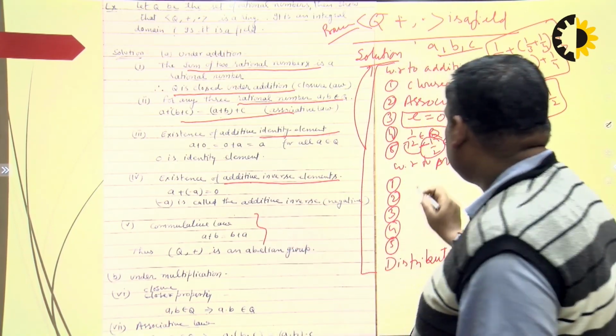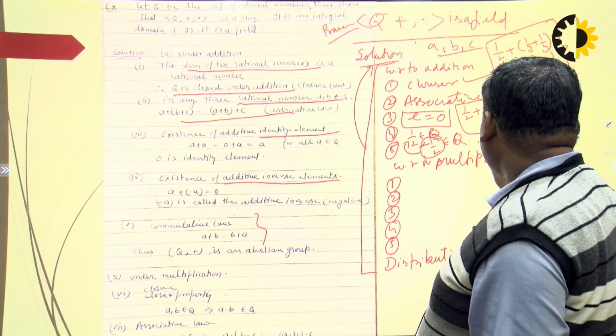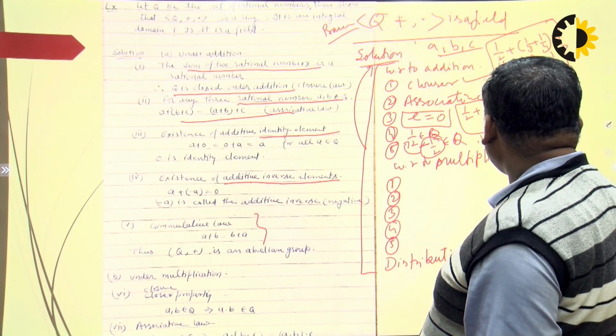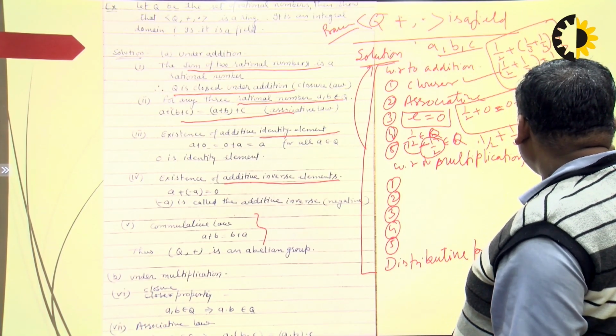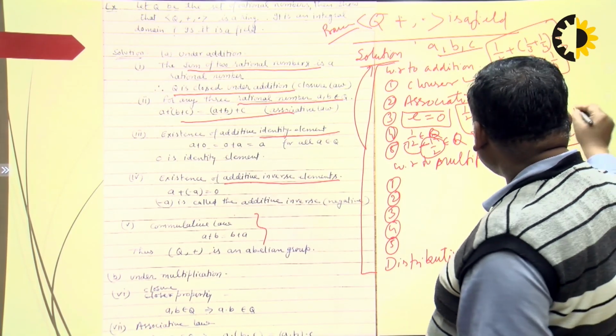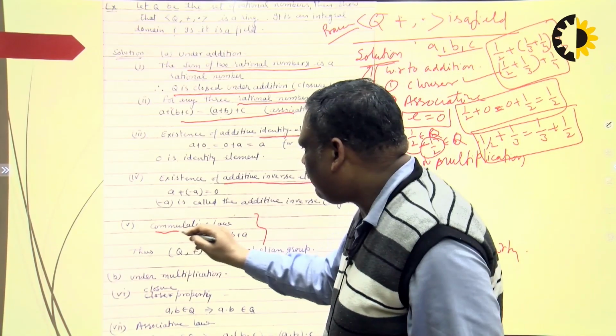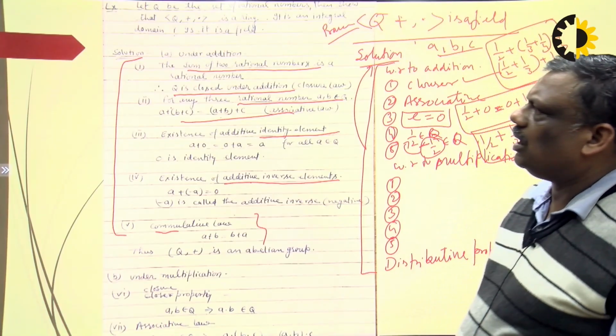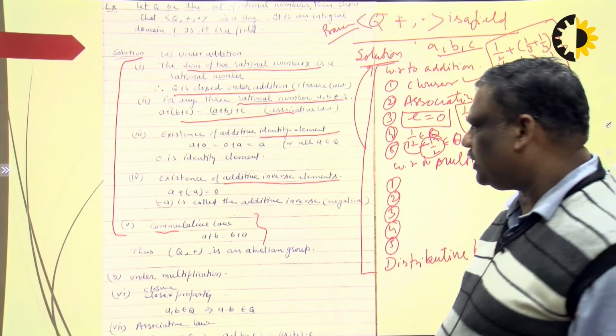And the fifth one: 1/2 + 1/3 is equal to 1/3 + 1/2. The commutative property holds. So all 5 properties we can easily prove under the addition operation.